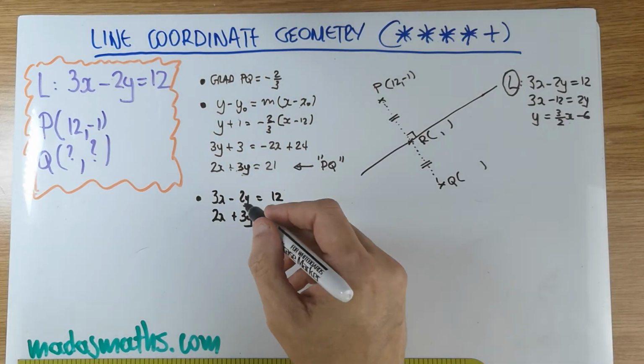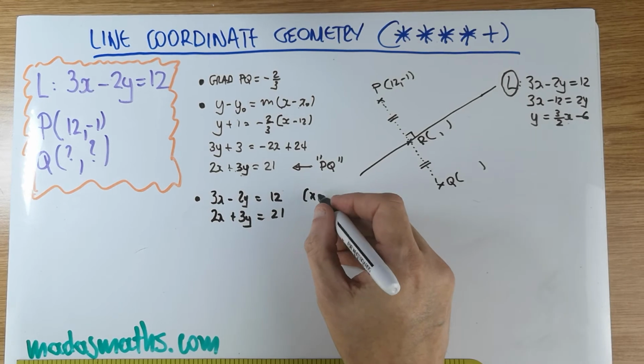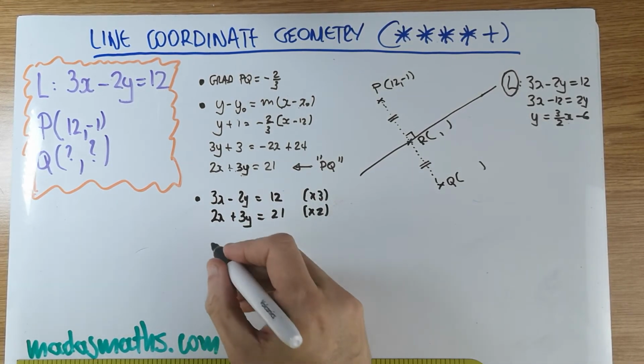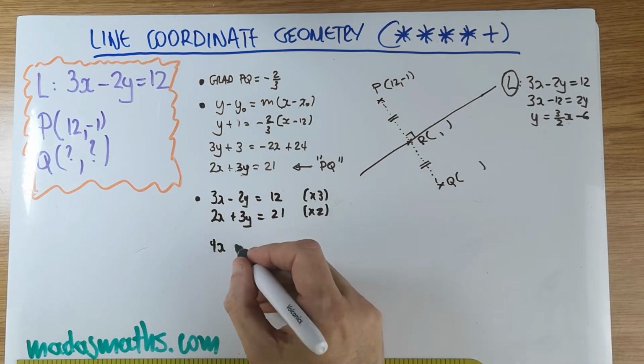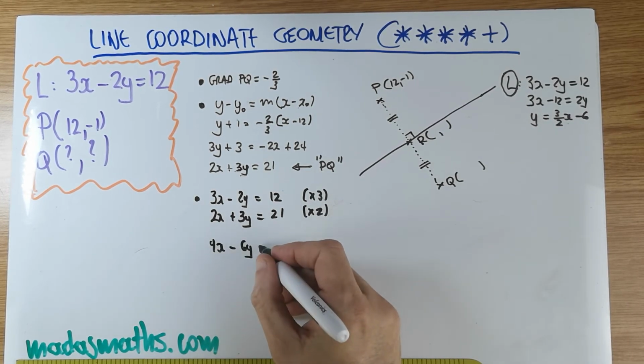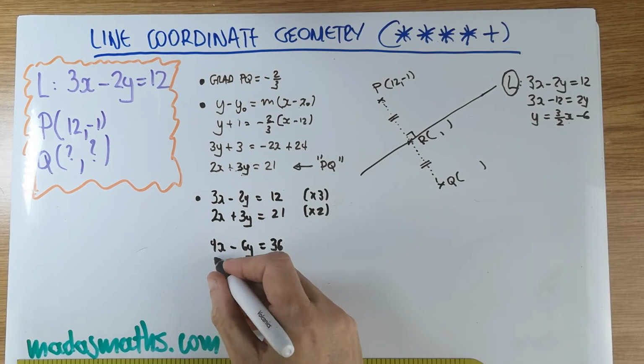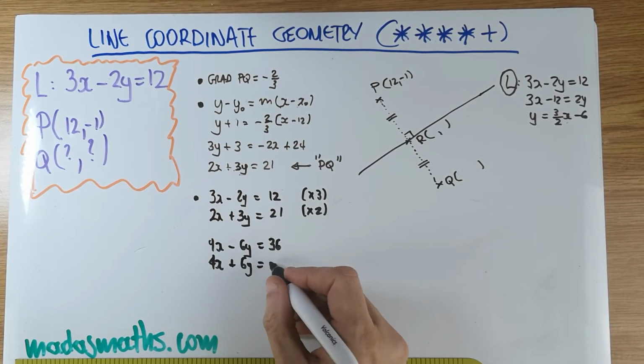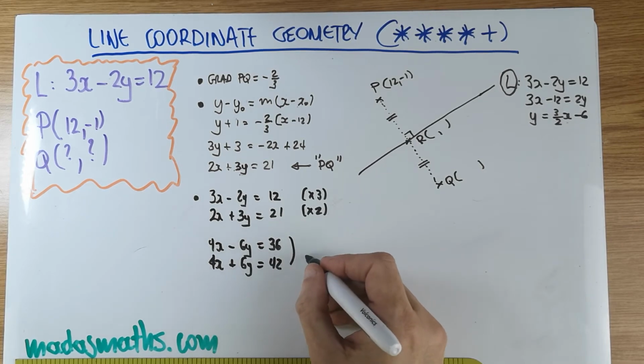Multiply this by 3 and this by 2, or whatever is your favorite method. And 9x minus 6y is equal to 36. 4x plus 6y is equal to 42.